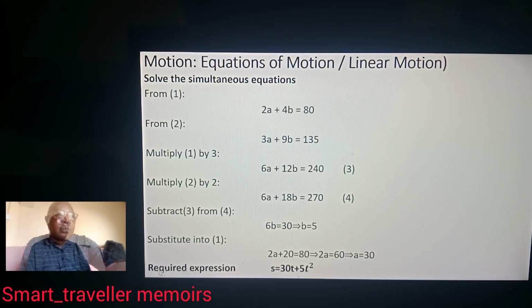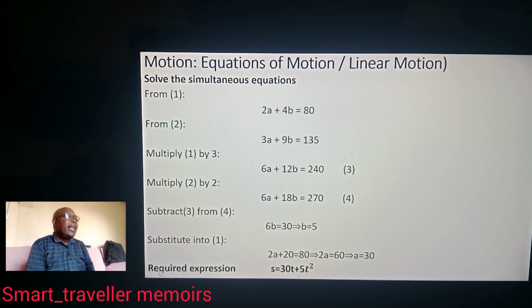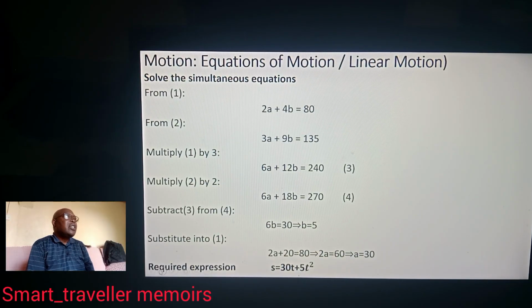Solving the two simultaneous equations. From 1, 2a plus 4b equals 80. From 2, 3a plus 9b is equal to 135.